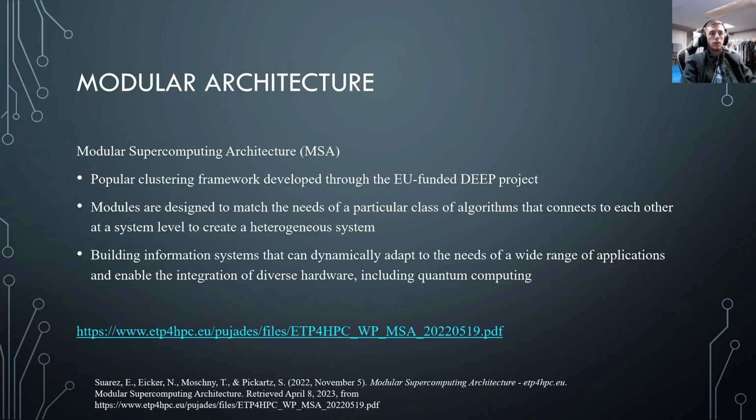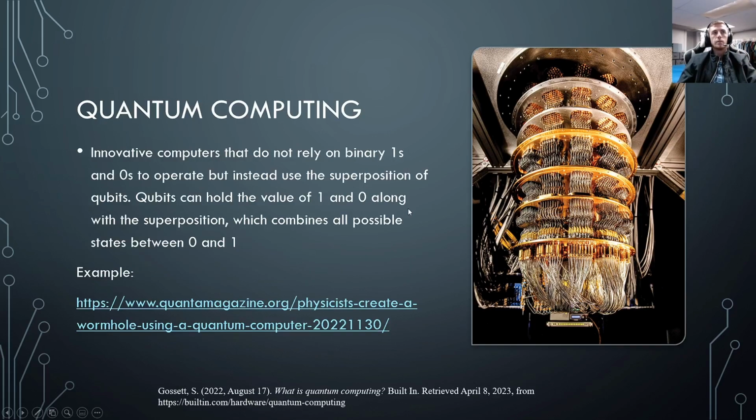It builds information systems that can dynamically adapt to the needs of a wide range of applications and enable the integration of diverse hardware, including quantum computing. So it's a modular architecture designed for advanced scientific research. This is one way we are tailoring information systems to meet the needs of the scientific community.